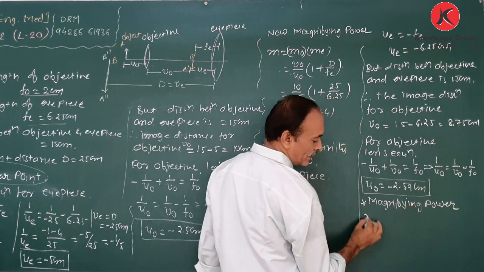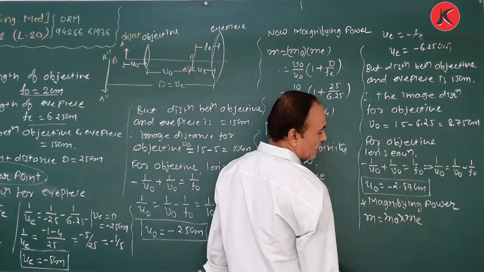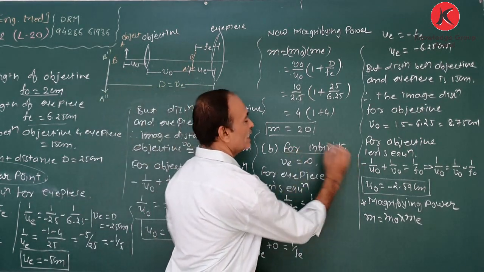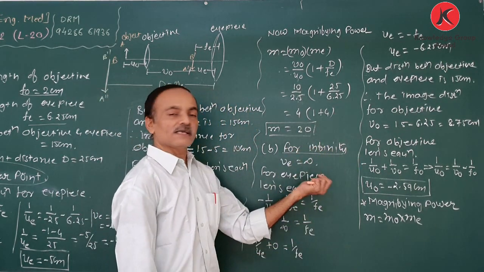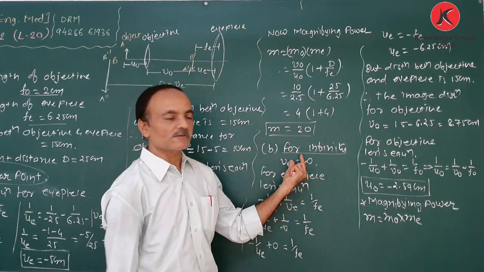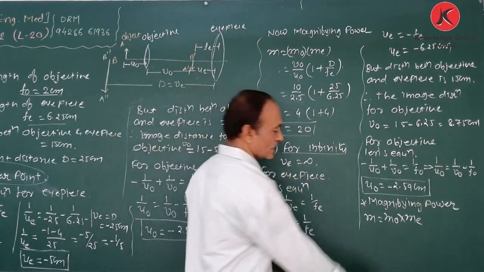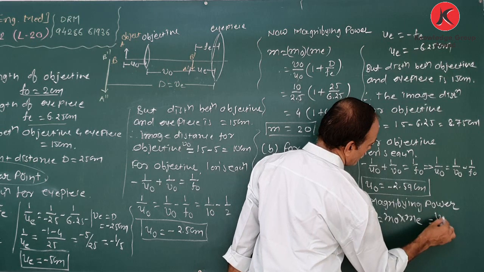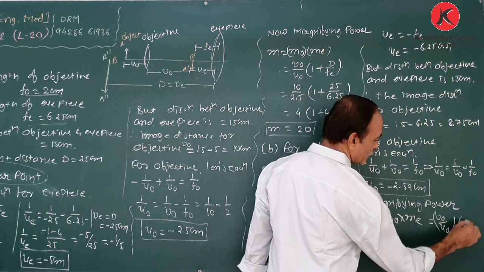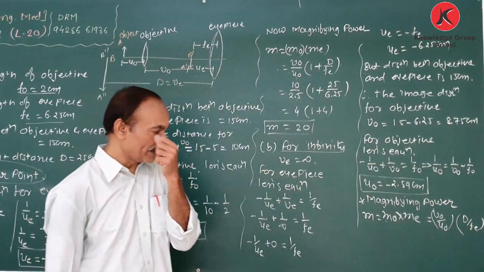And the magnifying power M is equal to M0 into ME. Now listen, here we are discussing the second case, for infinity. If the image is formed at infinite distance, in a simple microscope the magnification is only D upon FE. Therefore, V0 upon U0, the magnification of objective, into D upon FE.